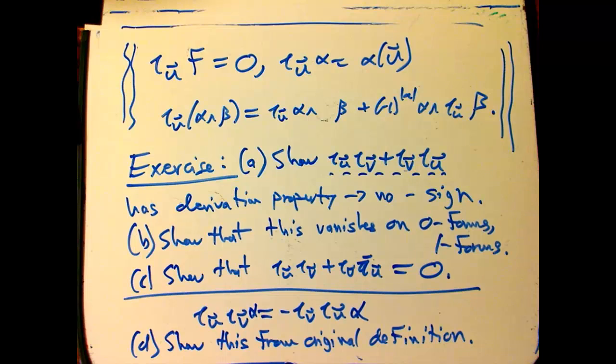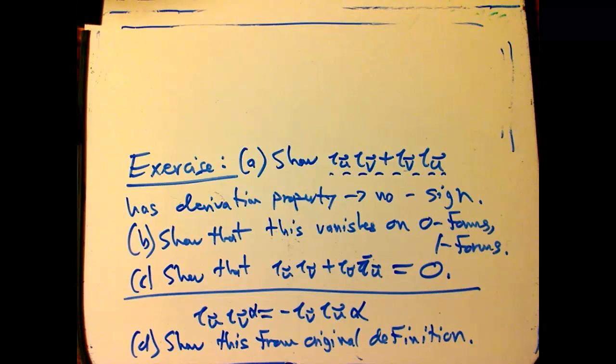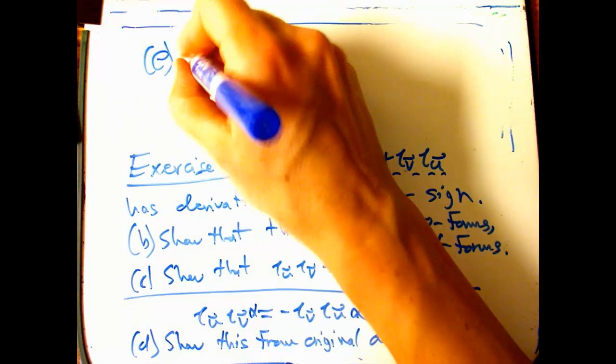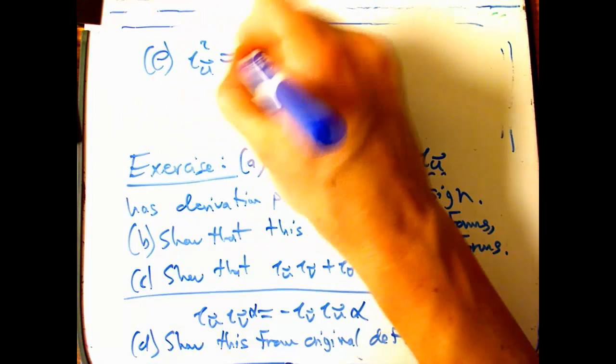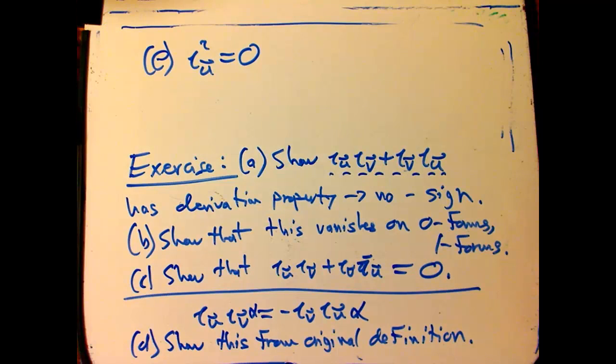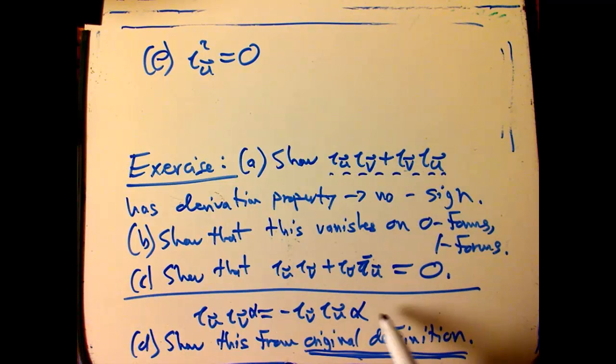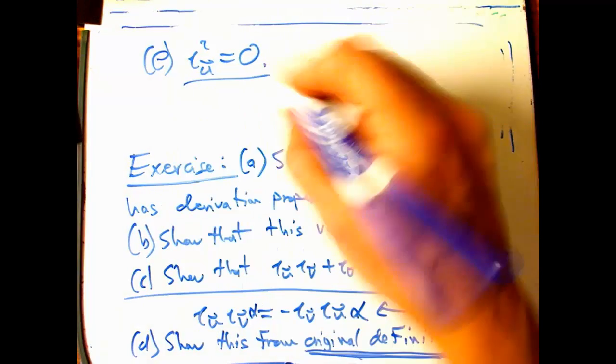And then part E, let me scoot it up here so you can see it all on one screen. Pretty easy consequence: if you do it twice with the same vector, you get 0. Again, you can either show it from the original definition of feeding things into the slots, or it's an easy consequence of this. So if you do it twice, that's equal to 0.